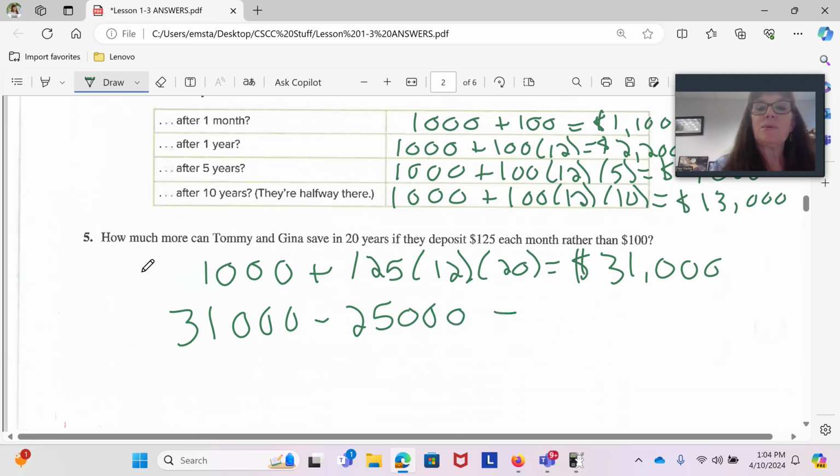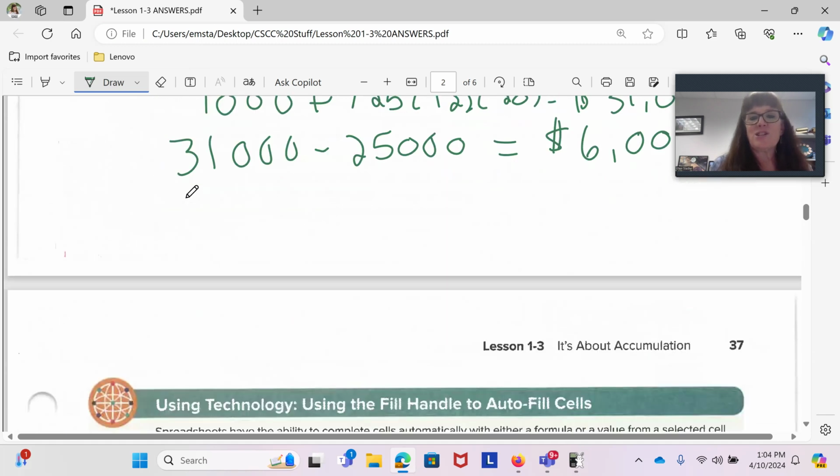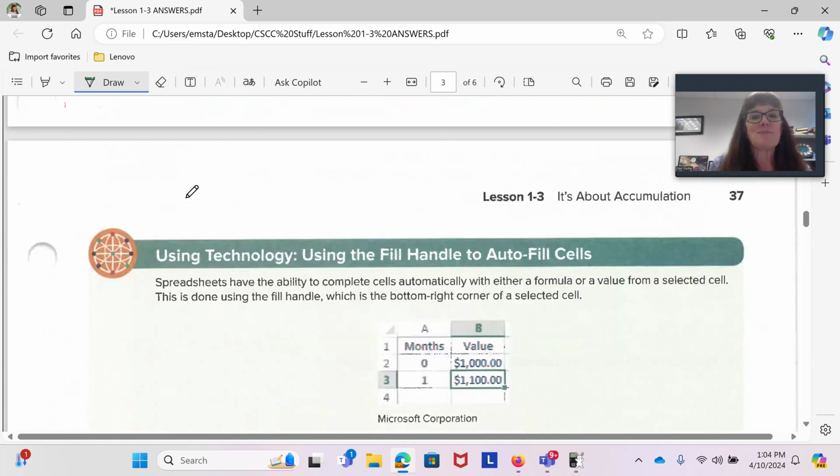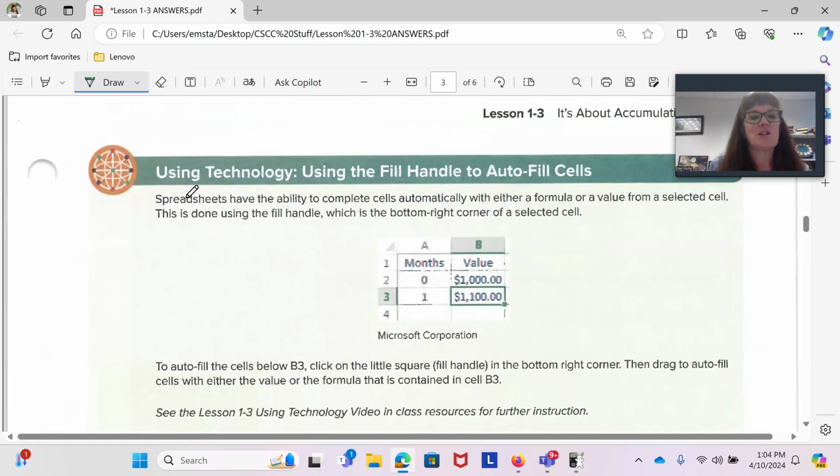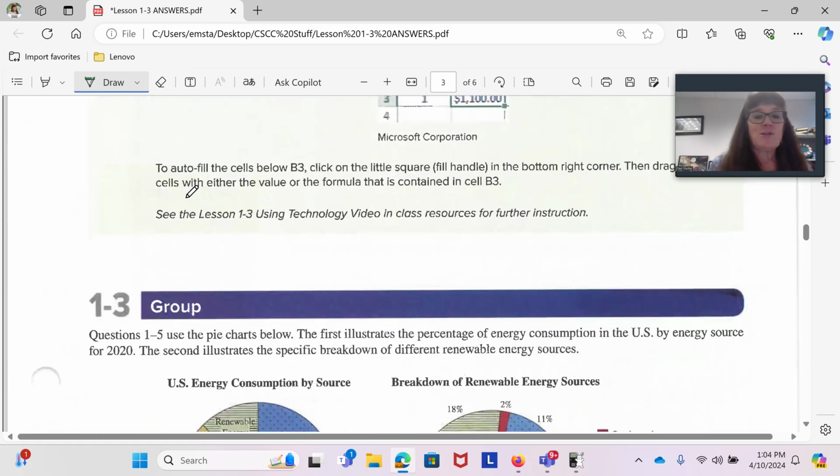And you'll see that we actually have an extra $6,000 by just increasing it to 125. They do show you a little bit, if you like spreadsheets, they start to show you some spreadsheet information, so you can kind of learn how to use your spreadsheet a little bit. And then on page 37 starts the group work that you'll do in class.